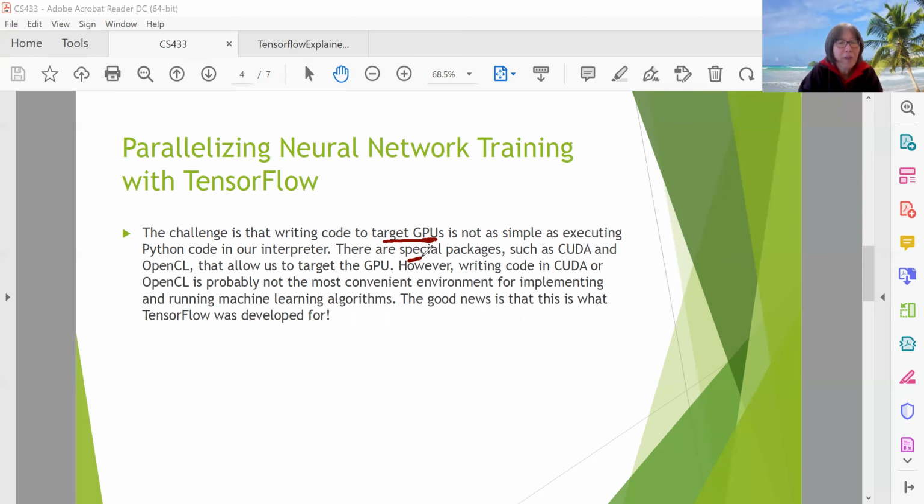There are some special packages like CUDA and OpenCL that allow us to use the GPU, but writing code using CUDA or OpenCL is not the most convenient environment. That is what TensorFlow addresses. For developers, it relieves a lot of work, because you can define things at the very top abstract layer and don't need to worry about the processing below.